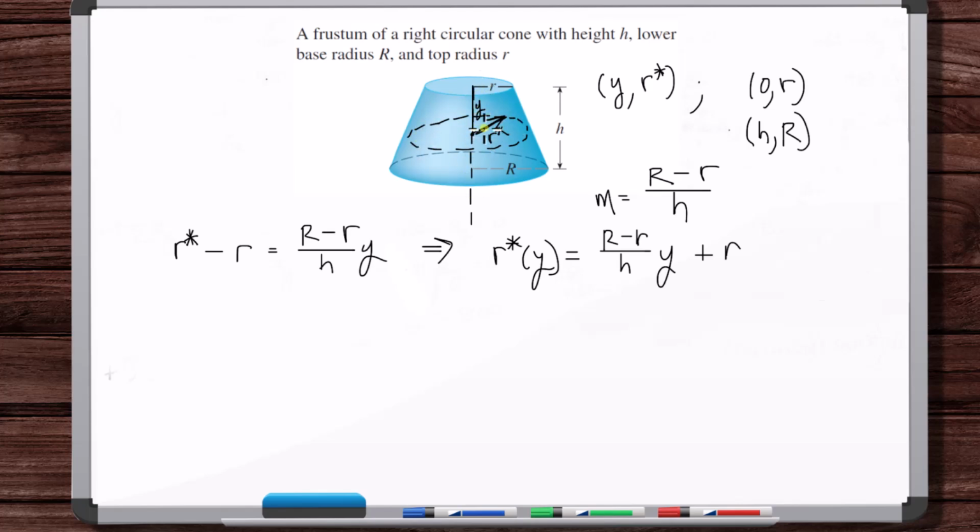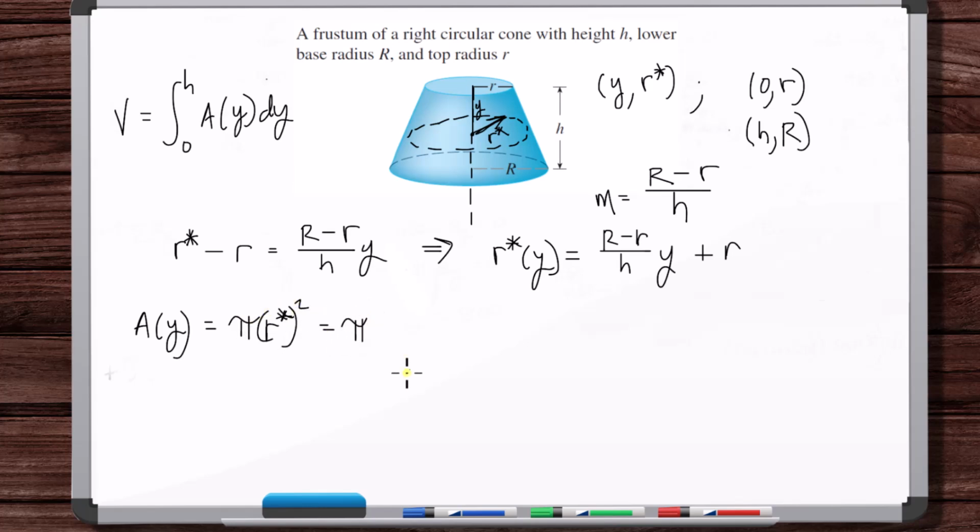So the A of y, which is what we're looking for, because what we're going to do is this volume is going to be the integral from 0 to h of A of y dy. So we're trying to find the A of y. That's just pi r star squared. So pi, and then r star squared.